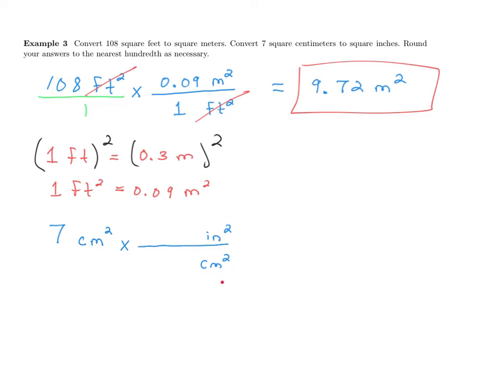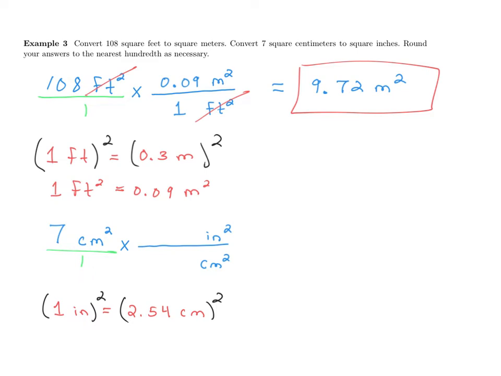This has to be a fraction that's equal to 1, and I'll make this first thing a fraction. Again, you will be provided with this conversion factor. You do not have to memorize it, but just to see where it comes from, the previous lesson, we had that 1 inch was roughly equal to 2.54 centimeters.